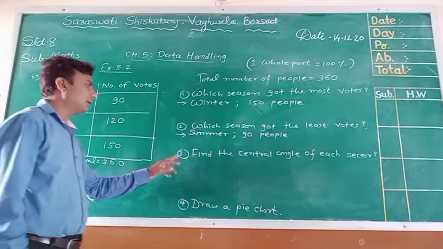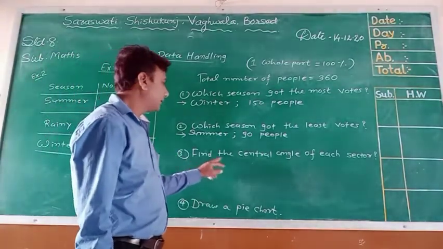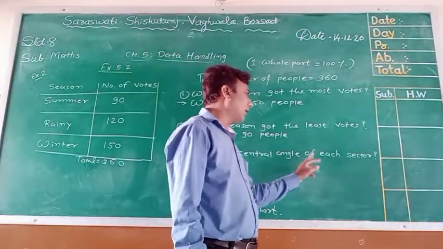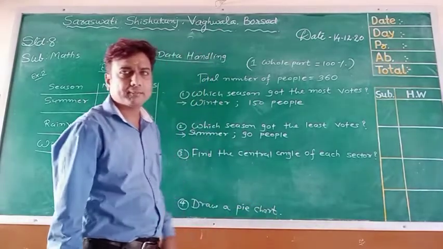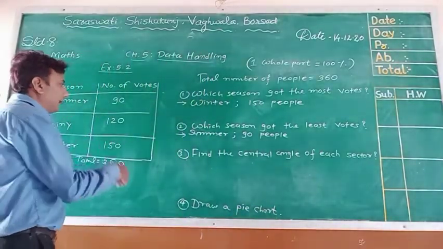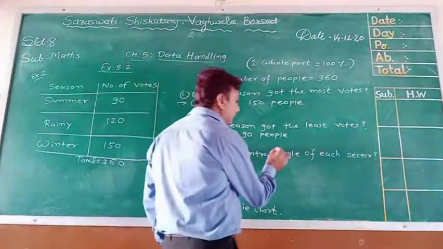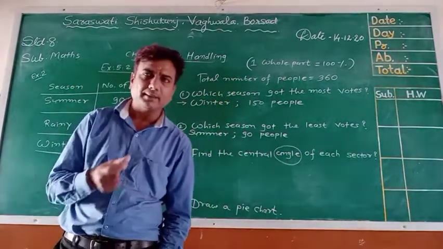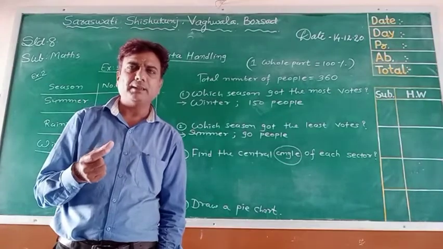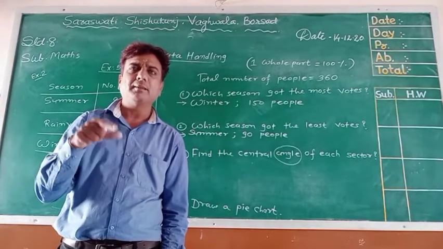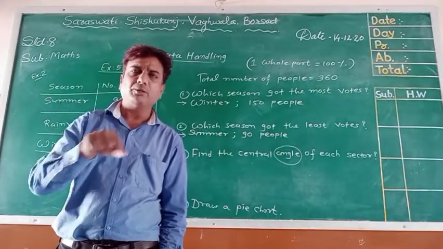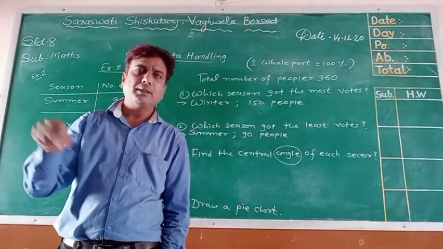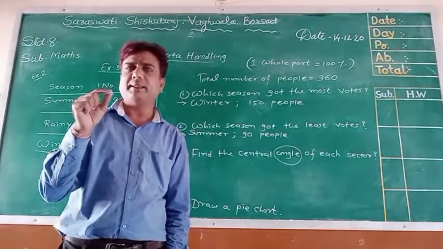Now third question: find the central angle of each sector. See, this is important. The important word in this sentence is angle. An angle, if we rotate once fully, is 360 degrees.